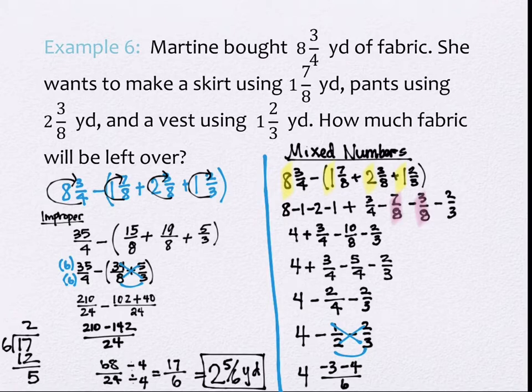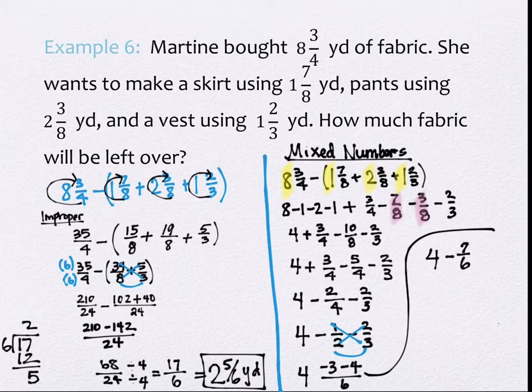Negative 3, negative 4 would be what? Yeah, so now I have 4, and I have negative 7/6. And as far as reducing the whole number parts and the fractional parts, we're simplified, right? Now I have to combine them back together to get a mixed number. The problem, of course, is that 7/6 is improper.